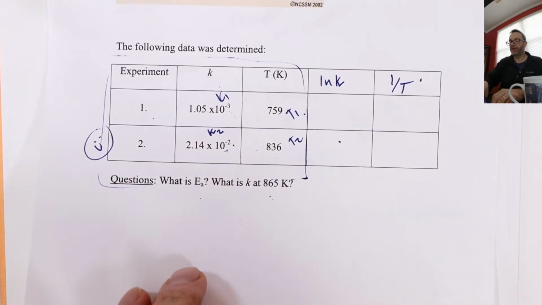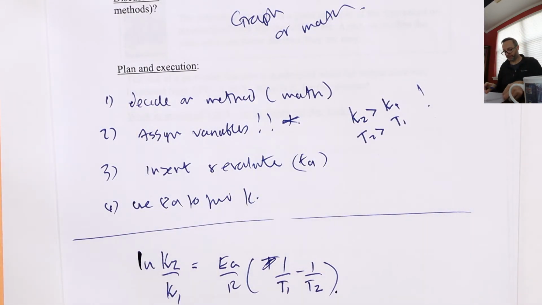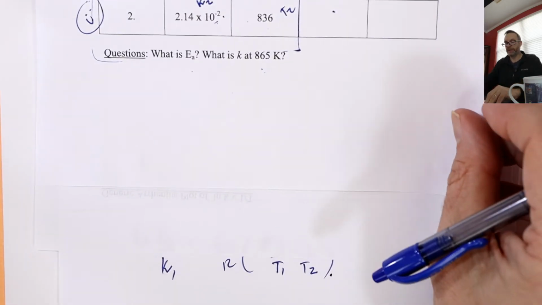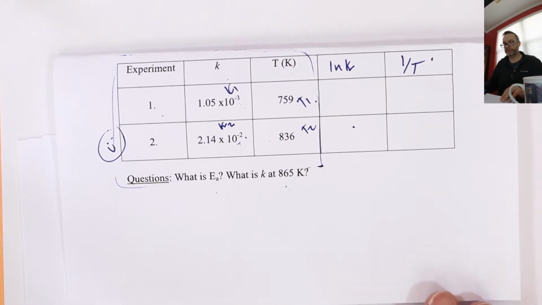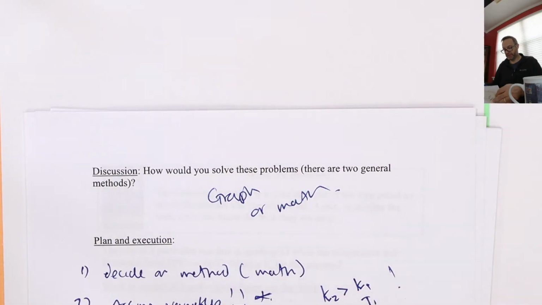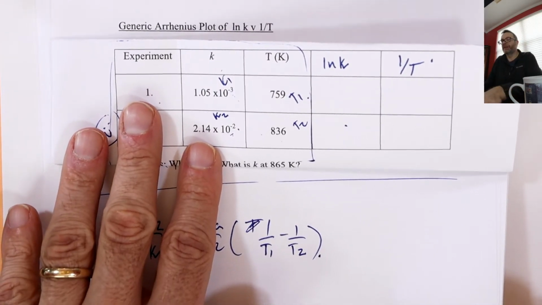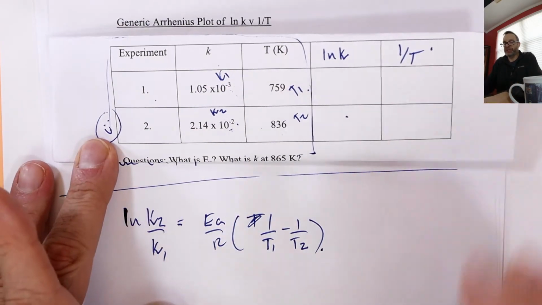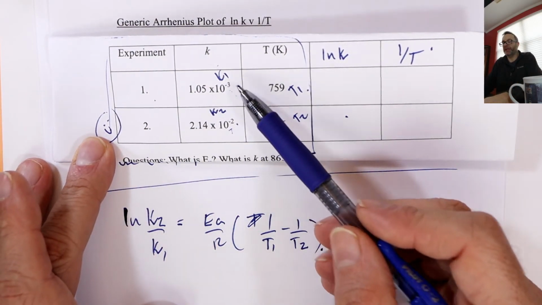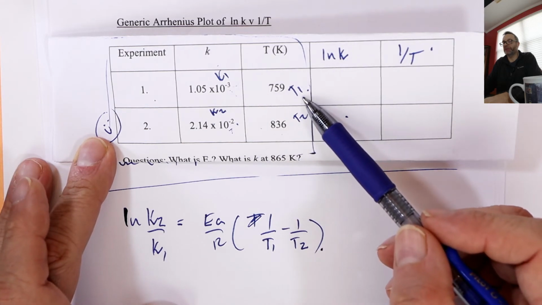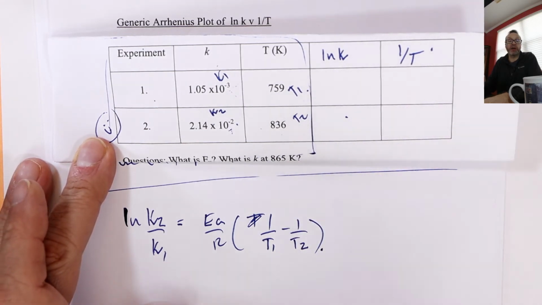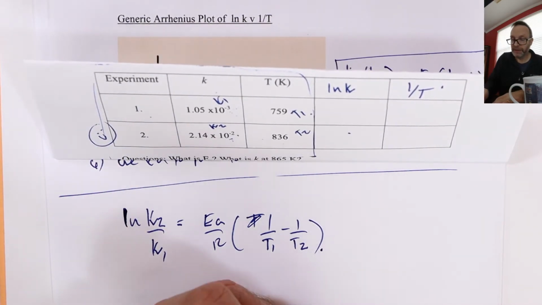Where we flip back, I'm going to fold this over, I'll do some origami. All right, so we've double checked. The bigger K is K2, the smaller K is K1. Bigger temperature is T2, smaller temperature is T1. We're just going to throw them in here. So pause me, throw them in. Let's see what we get.